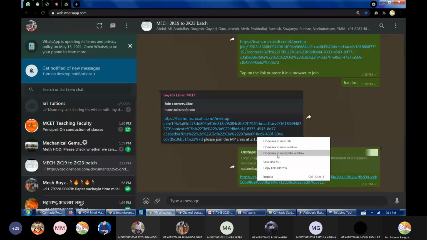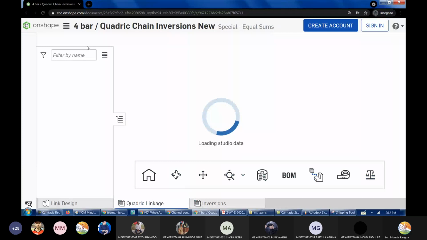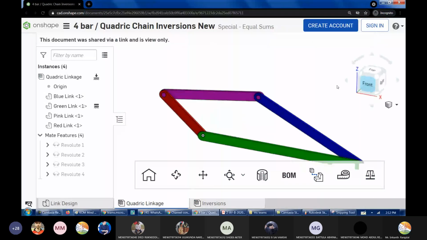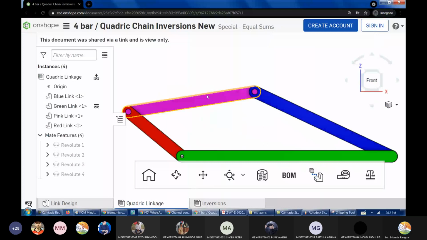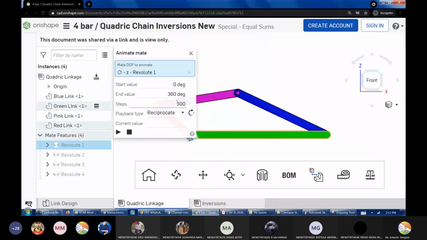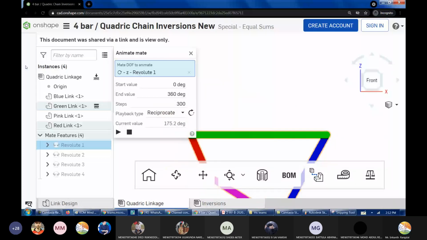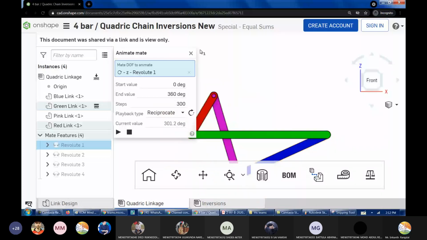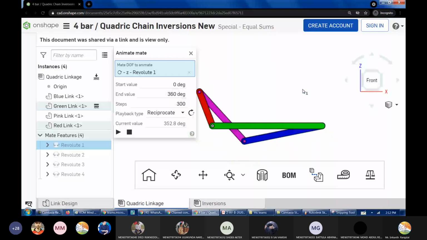Let me show you. I'll open it in incognito mode because incognito mode will not consider me signed in. Give it some time. You can see I'm not signed into this program, and this is how you will see it. Even though you will be able to create the animation, you will not have access to the multiple special cases.